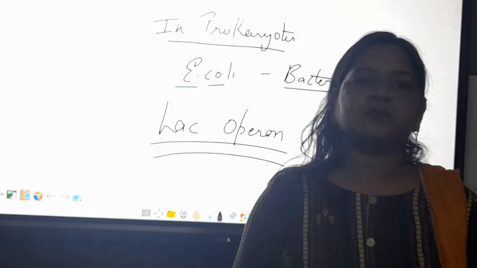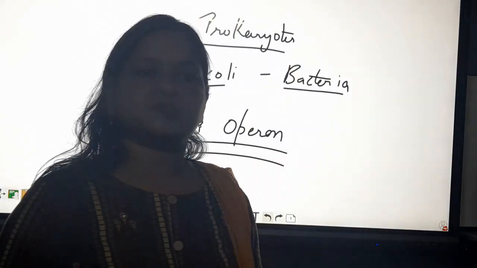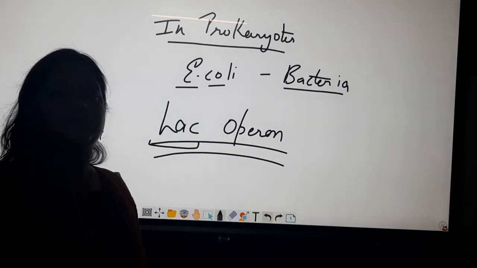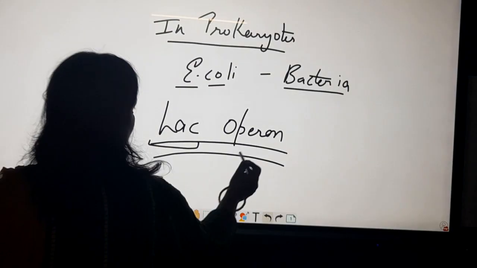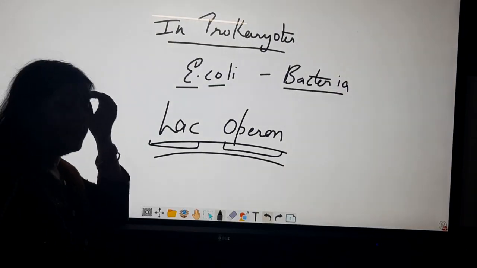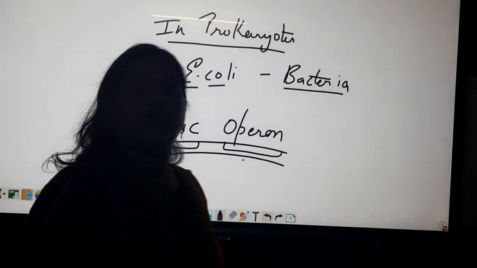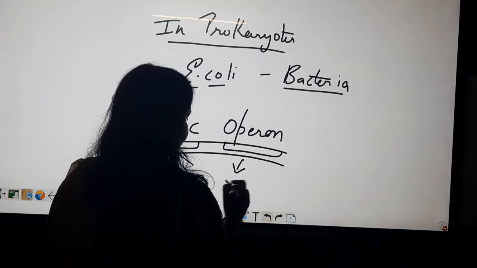The lac operon is a model for gene regulation in which lactose, the 'lac', acts as an inducer, and an operon is a part of a gene which has a promoter, operator and the repressor region.